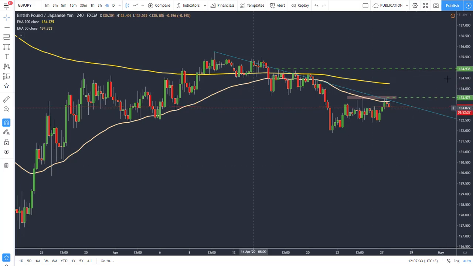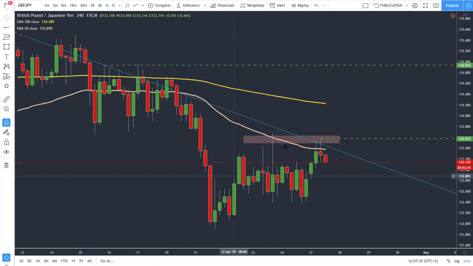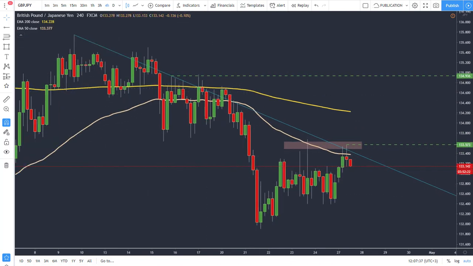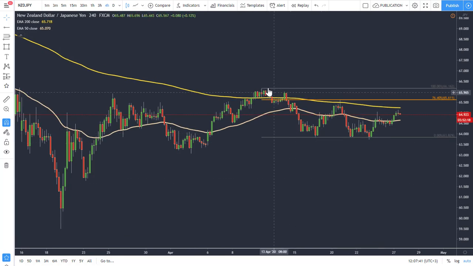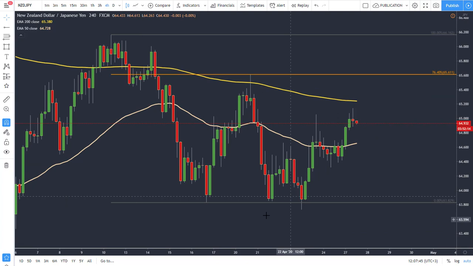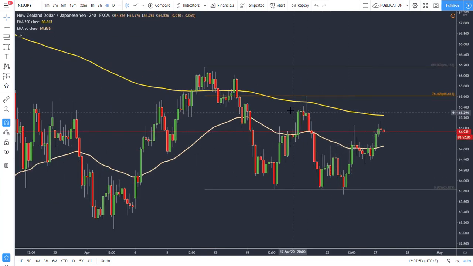New Zealand Japanese yen. Here we can also see the price is printing lower lows and lower highs, although we formed some sort of support here, which seems like a double or even triple bottom, although still we are below the 200 exponential moving average.